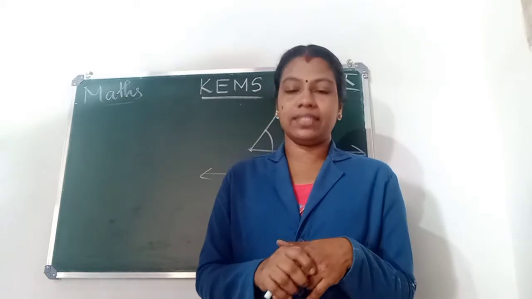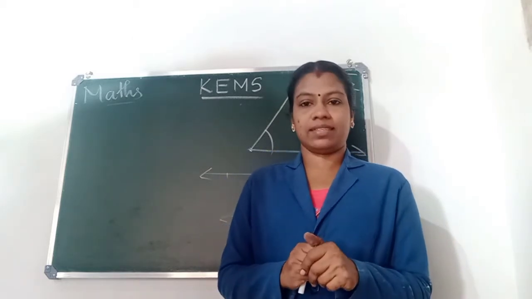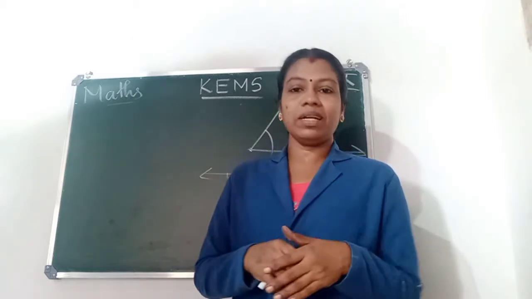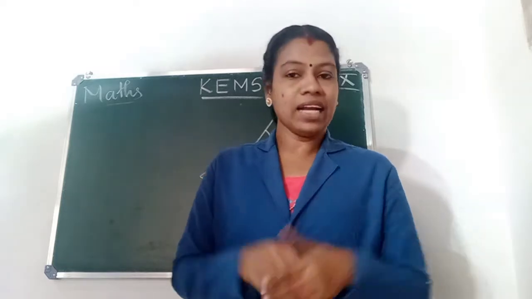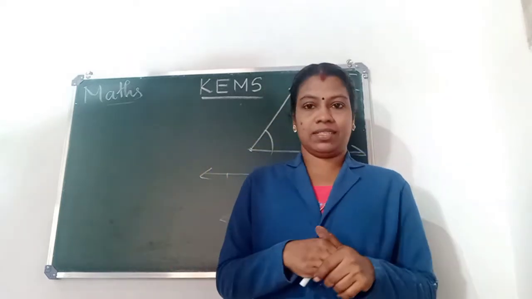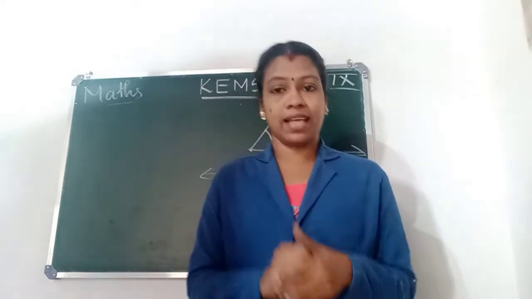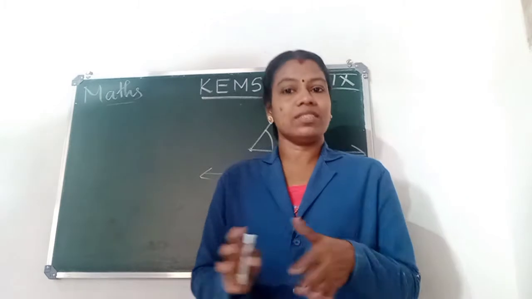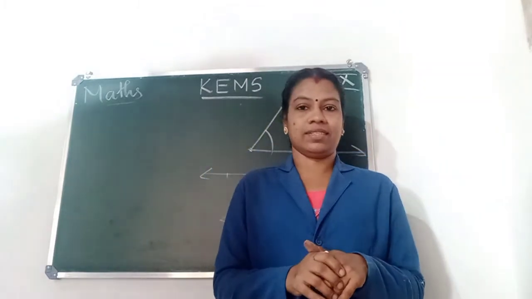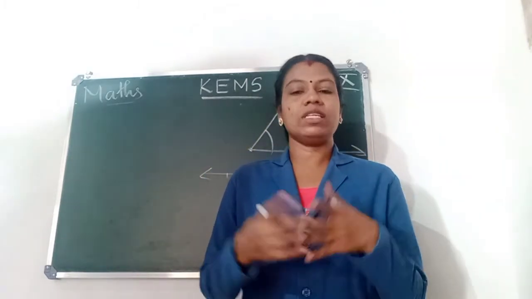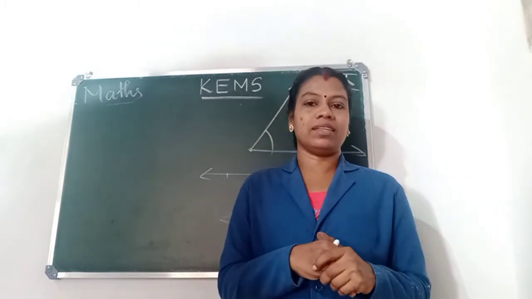Second one, right angle. An angle which measures exactly 90 degree is known as a right angle. Then, what is an obtuse angle?